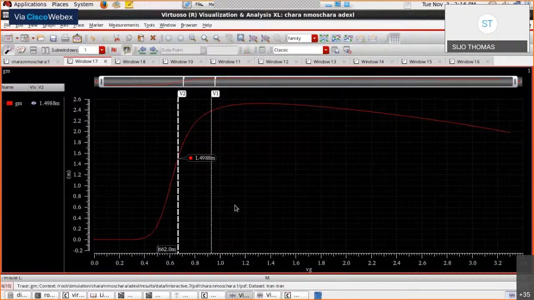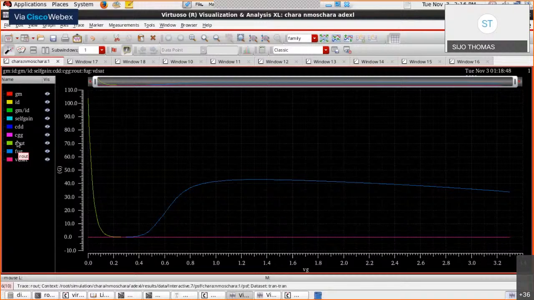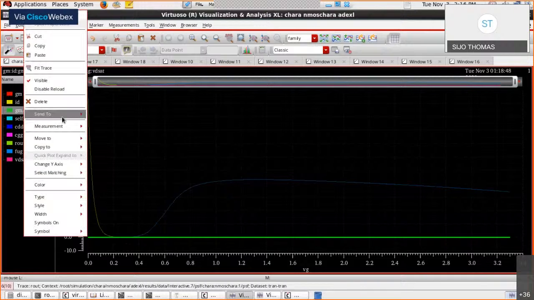Now we'll quickly plot GM by ID across the self gain of the NMOS device. You can come to the first plot, choose the GM by ID curve, right click, and copy to a new window.